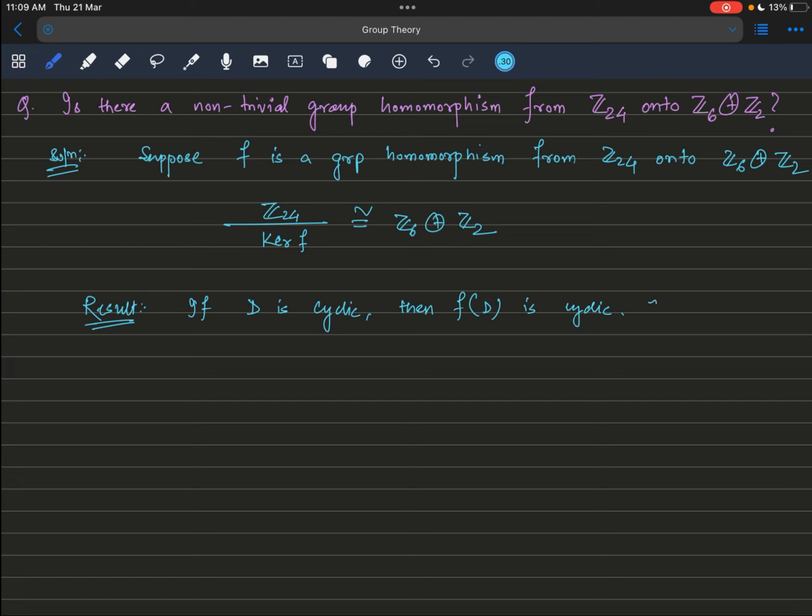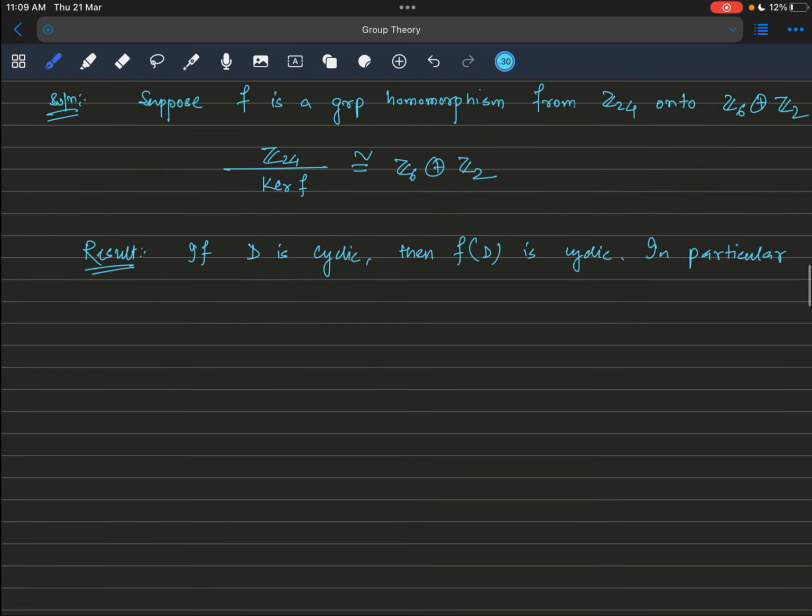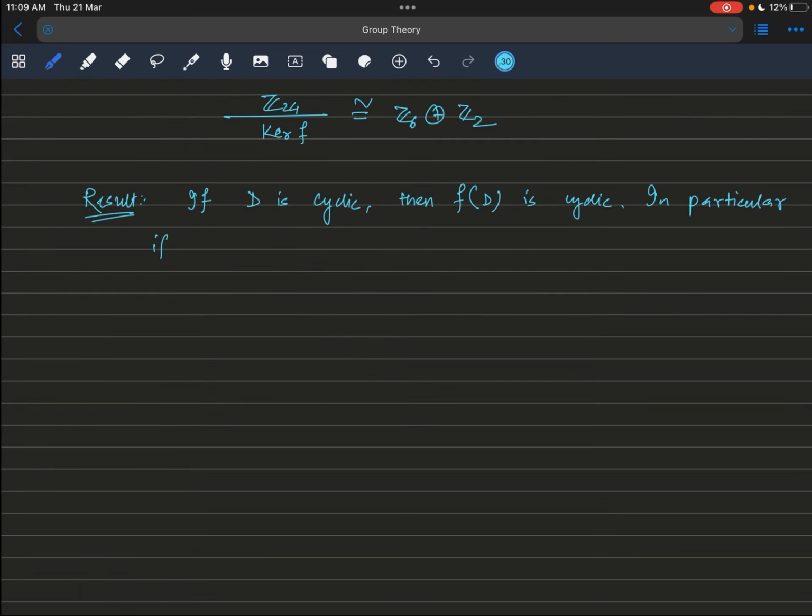In particular, if G is cyclic and D is normal in G, then the quotient group G by D is cyclic. So this is the result we'll use here.